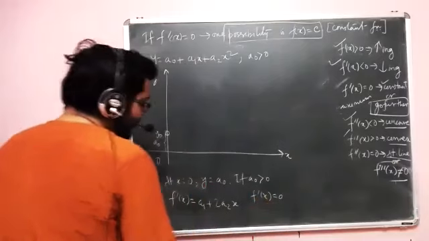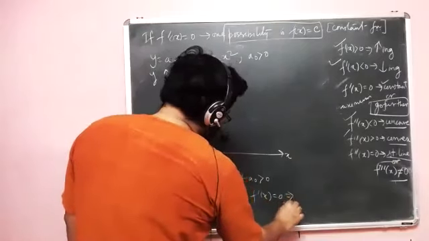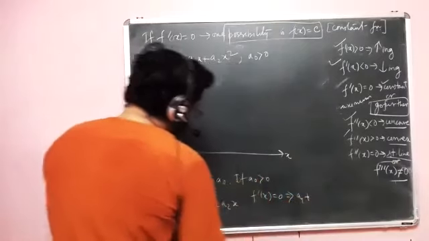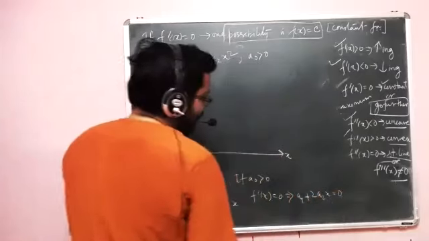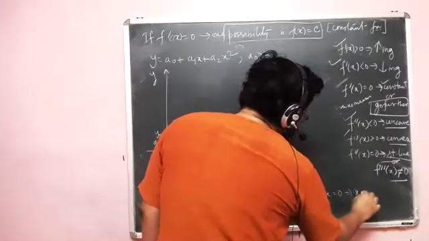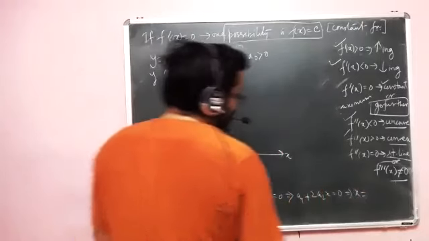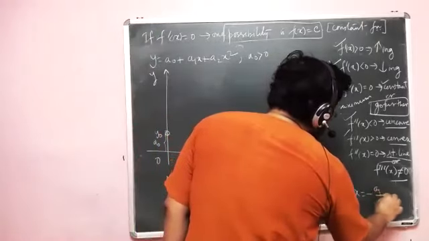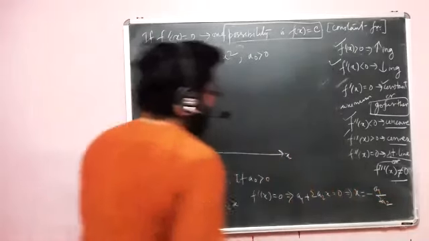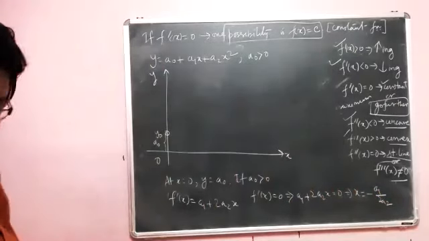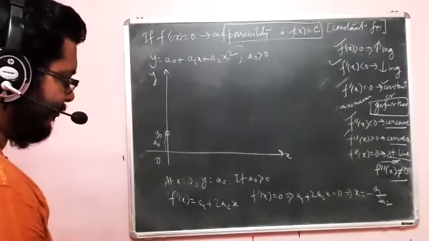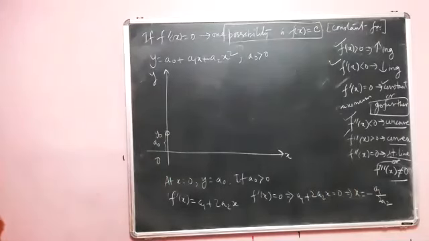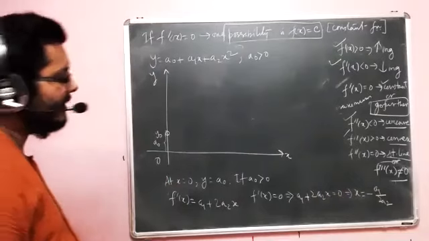So f dash x equal to 0 implies that a1 plus 2a2x equal to 0, which means that x equals to basically minus a1 by 2a2.